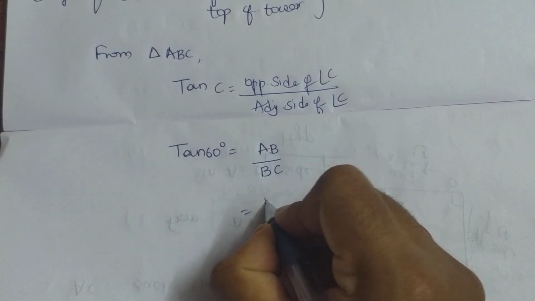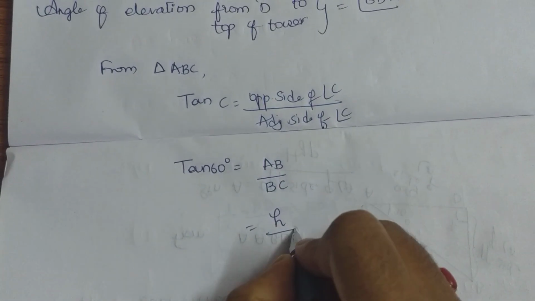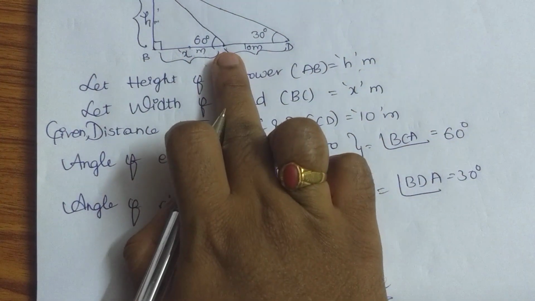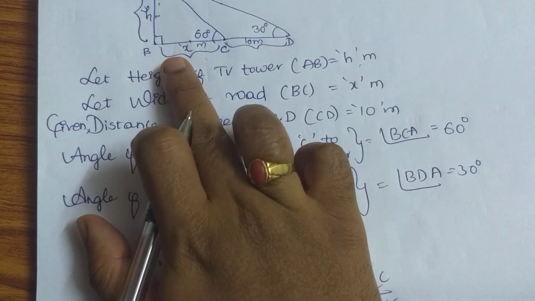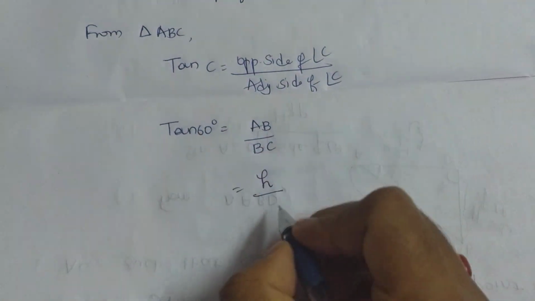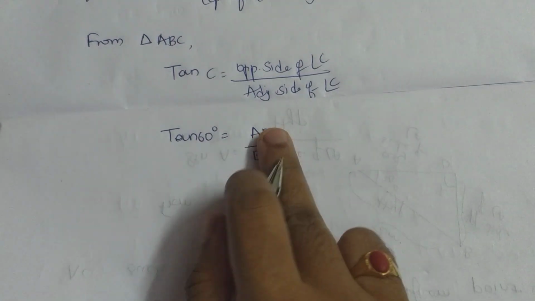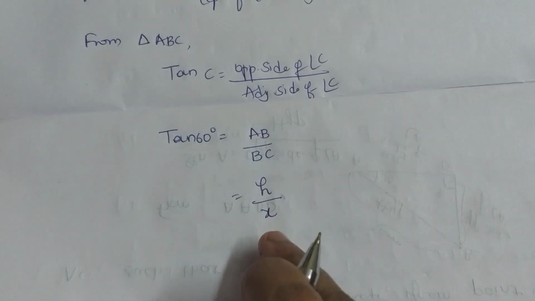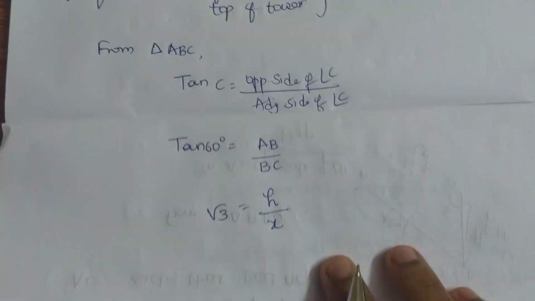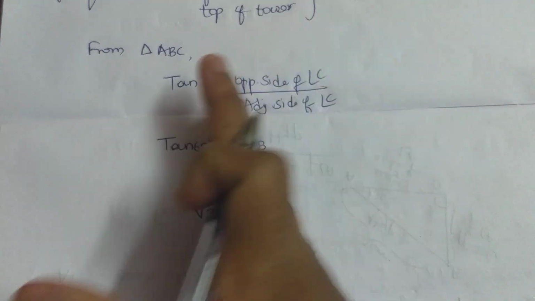So we have assumed it as H, no? Put it as H. What is BC here? See the figure. BC is nothing but the width of the road. That also we don't know. We have assumed it as X. Put the same thing here as X. So we got H in the place of AB, X in the place of BC. What is the tan 60 value? It's root 3. Okay. Put this aside.